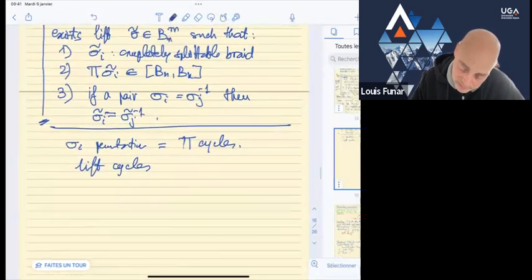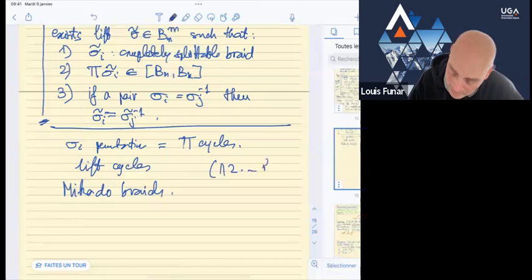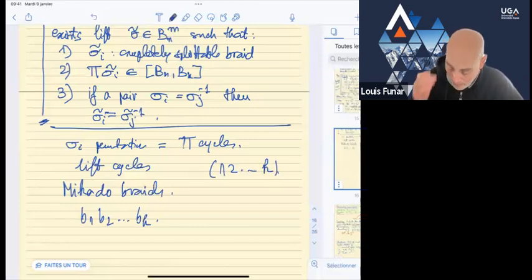The way you lift cycles is the so-called Mikado braids. So what is a cycle? If I'm putting the cycle to be 1, 2, ..., k, then the usual lift would be B1, B2, ..., Bk. Well, this is not good enough.